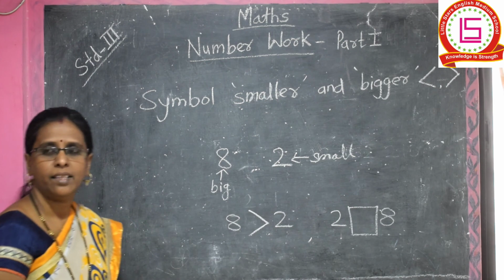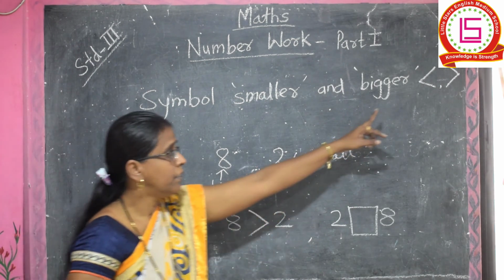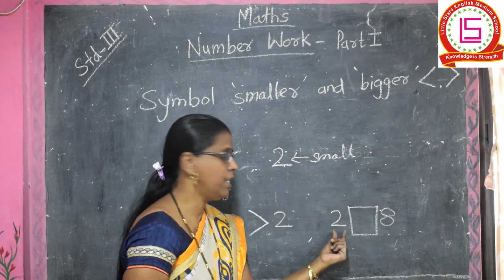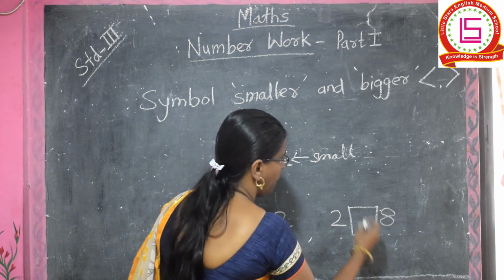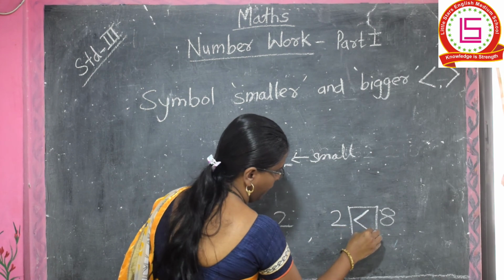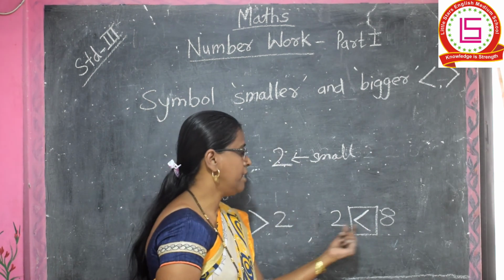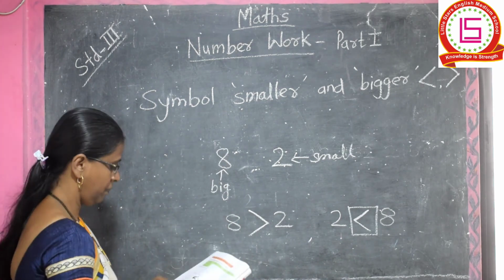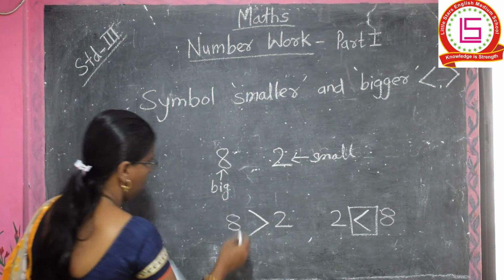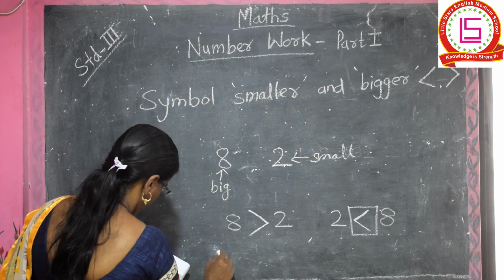Okay, then we write the less than sign because 2 is the smaller number and 8 is the bigger number. That's why you write the less than sign. 2 is less than 8.